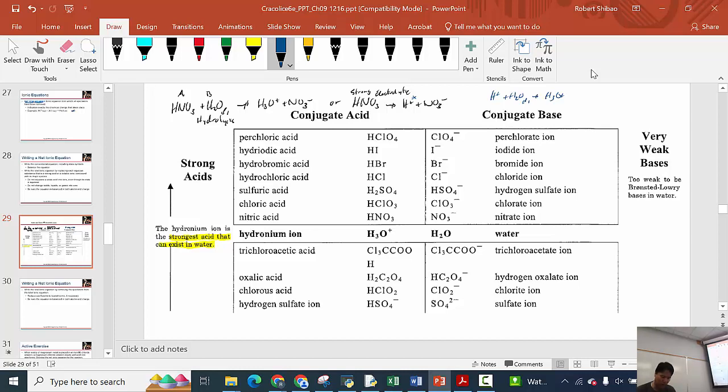Stability, compared to other +1 cations. They're too unstable to exist in water.